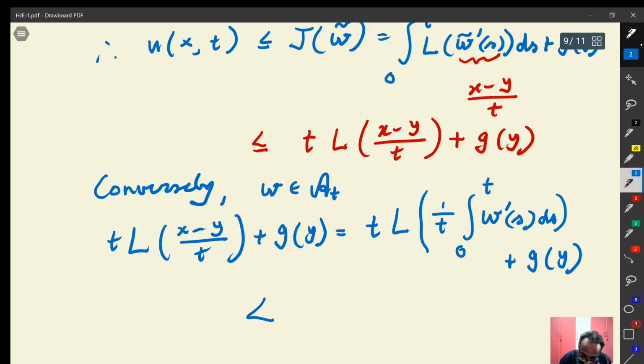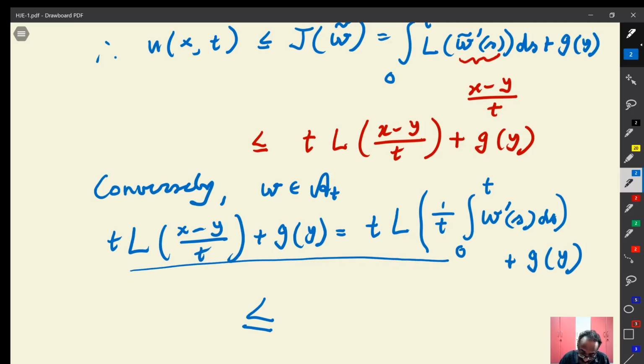This is less than or equal to, and you apply what is called Jensen's inequality. Once you have Jensen, this is an average, and you can put it inside and take L inside. This is just a computation, because W(t) minus W(0) will be x minus y by t. So I have not done anything here. The important thing is taking L inside.